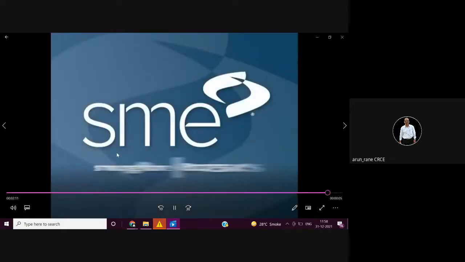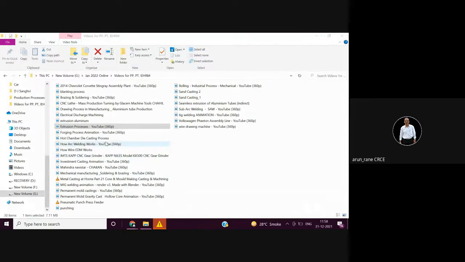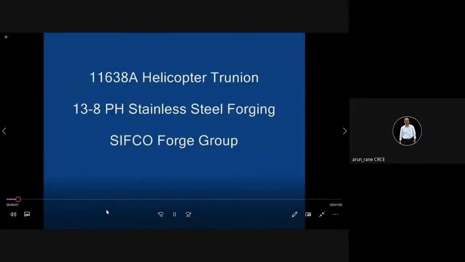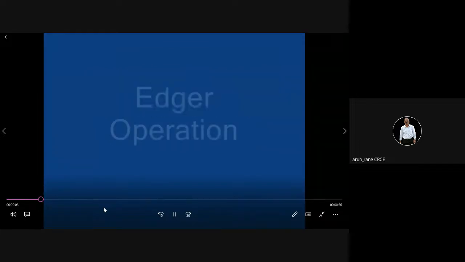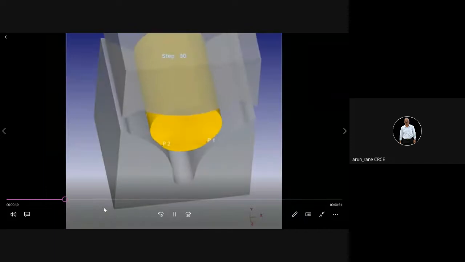So this is called as the extrusion ratio. That is, what is the earlier dimension and what is the later one, before and after. Forging, you are hammering it, you are heating it and hammering.